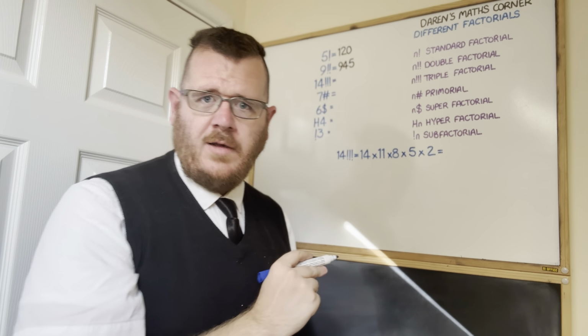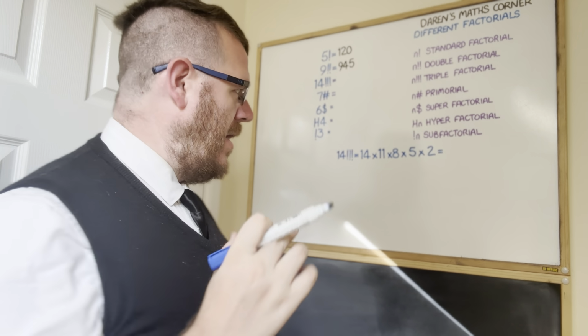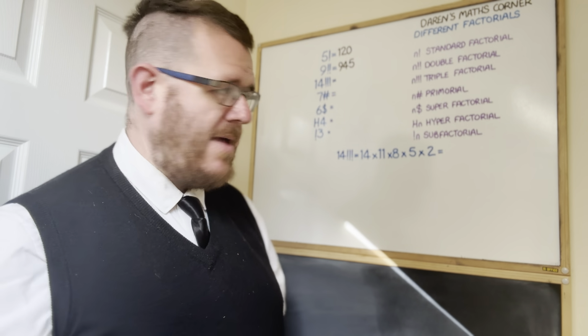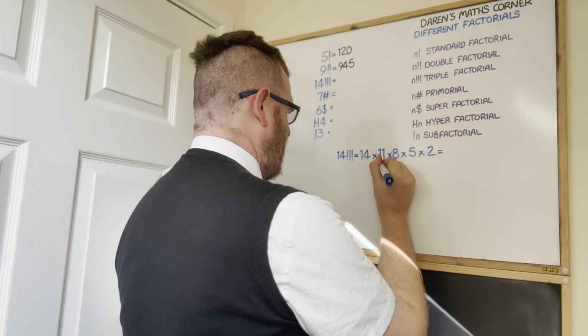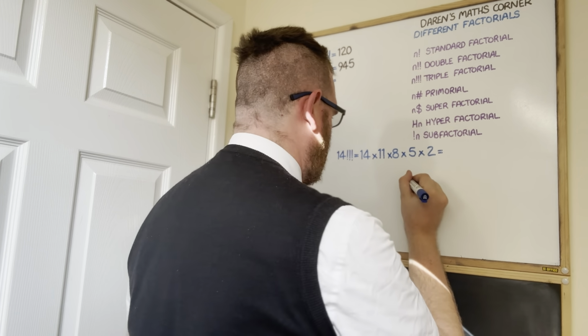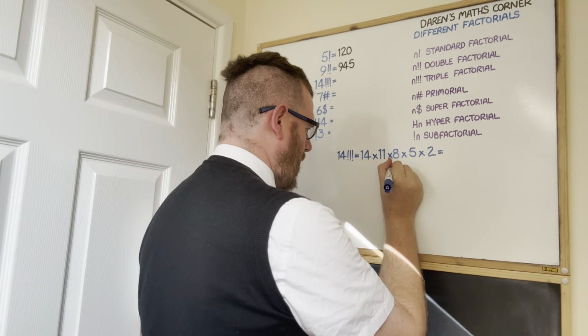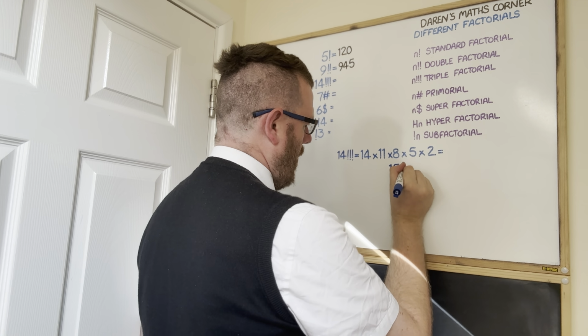Now, the 5 times 2 is 10, which will be important in a bit. So 14 times 11 is 154. 154 times 8, I think I'd better try and work this one out. So 154 times 8.